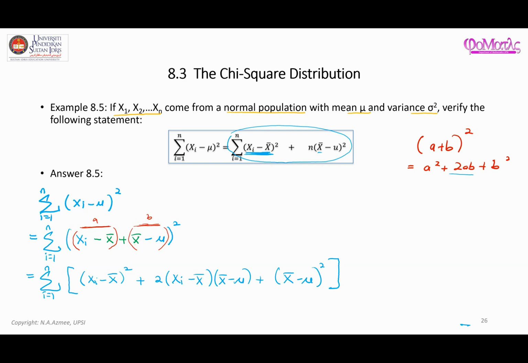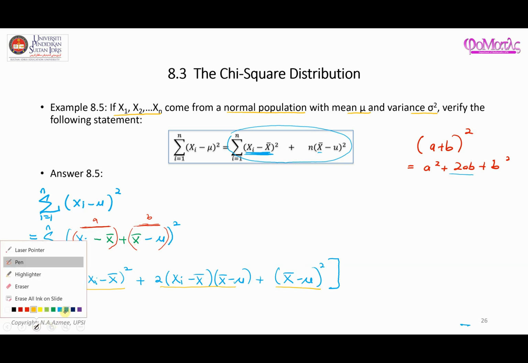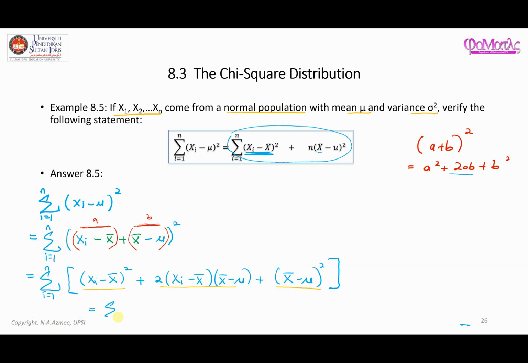Now I can separate all this process into three different parts. Next I can write this in terms of the summation of xi minus x bar squared plus 2, which is a constant, so you can take it out from the summation process: n, i equals 1, xi minus x bar, minus mu.